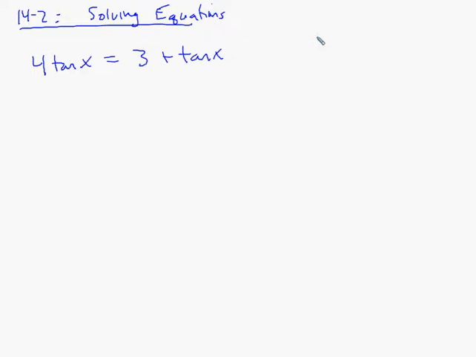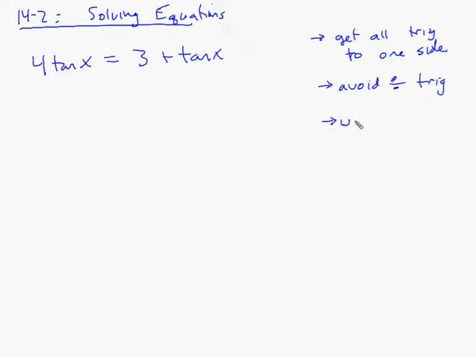In general, I'm going to want to get all the trig functions to one side. Usually I'm also going to want to avoid dividing by a trig function, because if I divide by a trig function, I'm going to end up losing some answers. So I want to avoid that if at all possible.